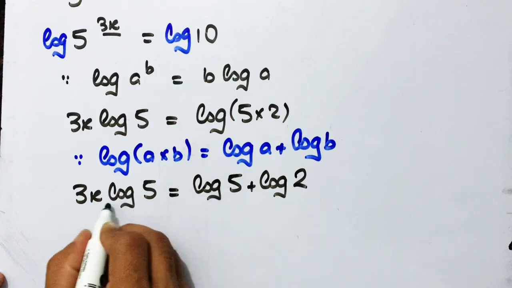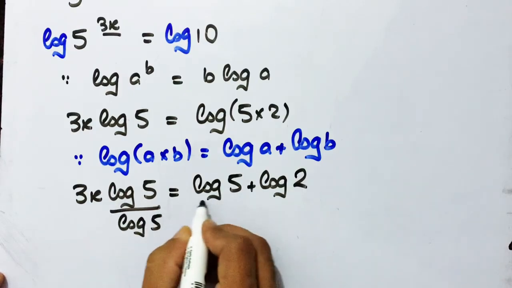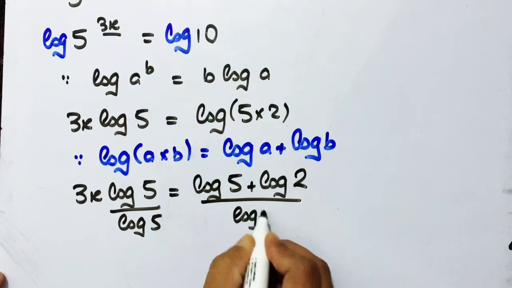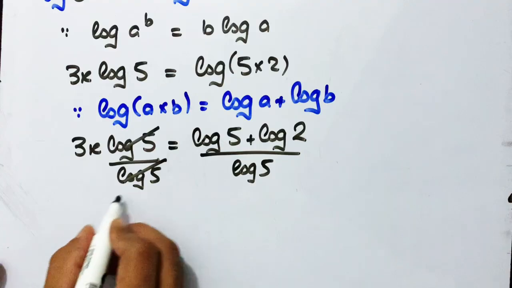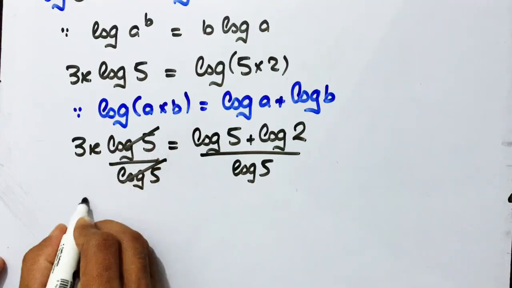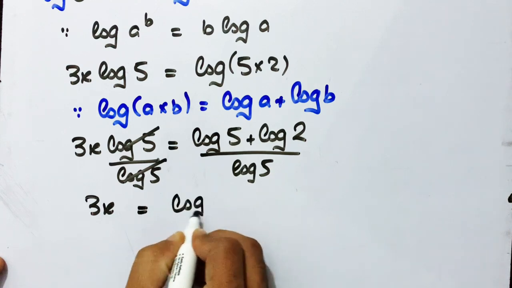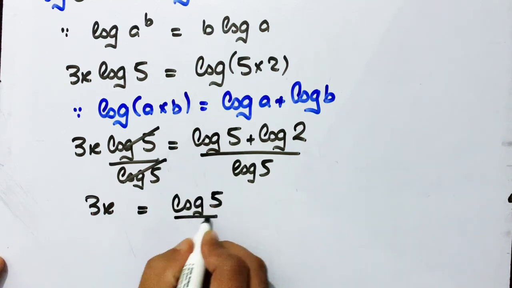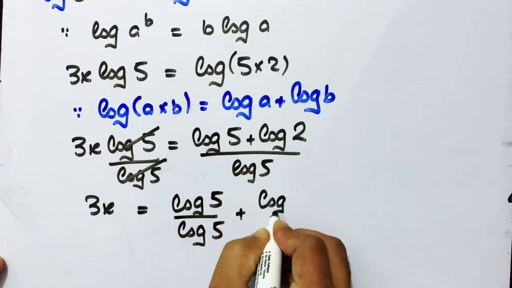To simplify further, we divide by log of 5 on both sides, so the log of 5 cancels on the left. Then 3x equals log of 5 over log of 5, plus log of 2 over log of 5.